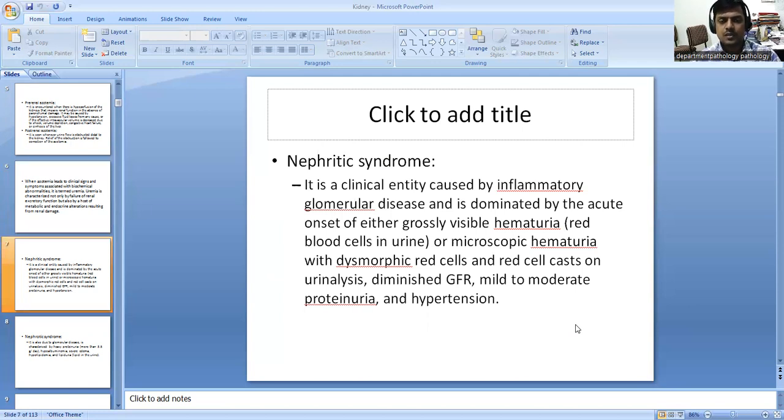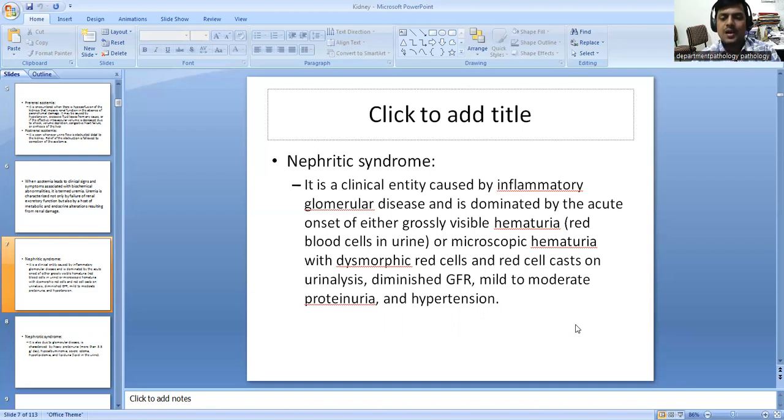Nephritic syndrome. It is a clinical entity caused by inflammatory glomerular disease and is dominated by the acute onset of either grossly visible hematuria, that is presence of red blood cells in urine, or microscopic hematuria defined as more than 4 RBCs per high power field when examined under microscope, with dysmorphic red cells and red cell casts on urine analysis.